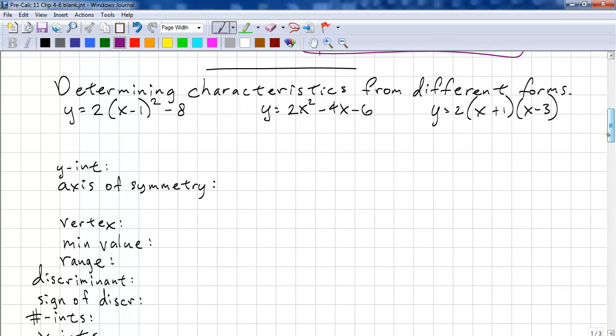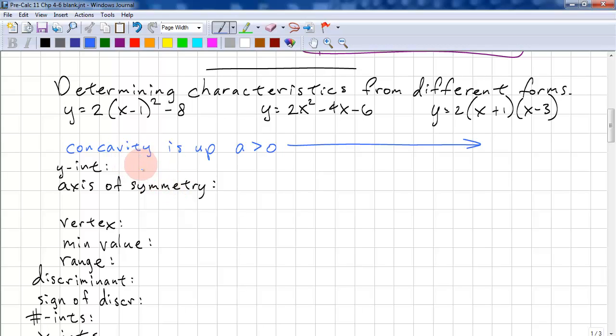We need to be able to determine the characteristics from different forms. So we have the same equation in the different forms: standard form, general form, factored form. Right away, we can say concavity is up because a is greater than 0 for all of them.